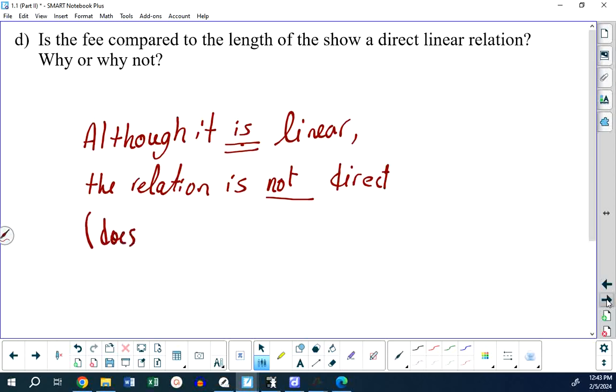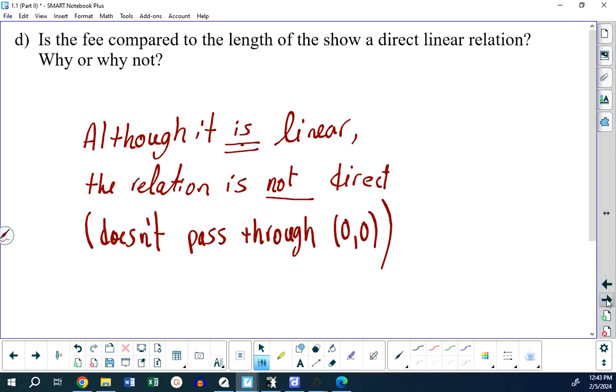It doesn't pass through the origin. And we know it doesn't pass through the origin because if the show is 0, you still get charged $50. You don't pay 0 for a 0 length show. If you cancel, you're still on the hook for 50 clams.